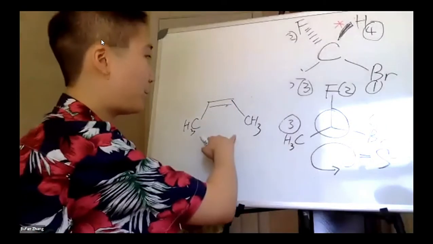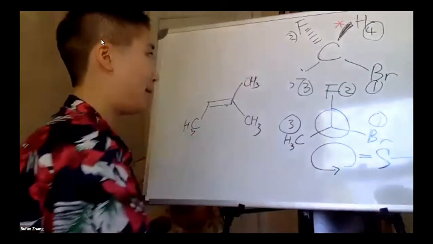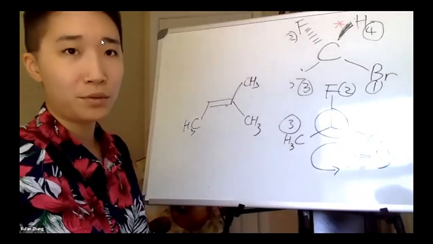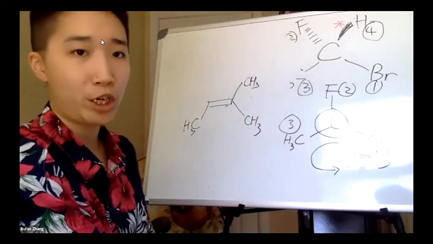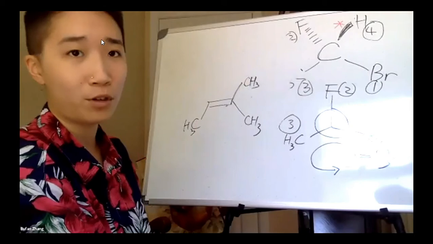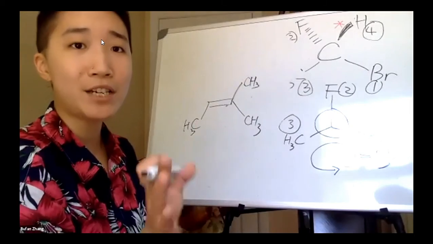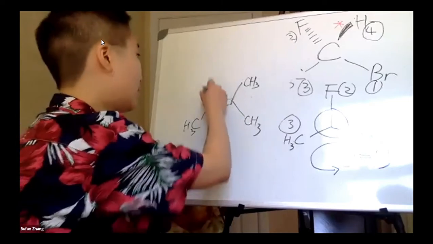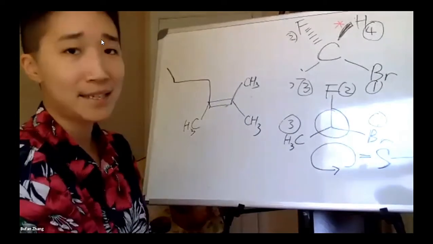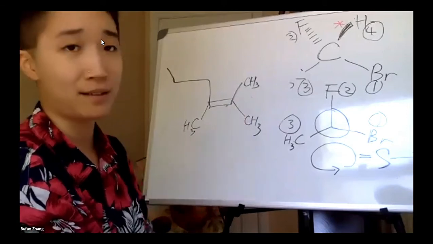We have two of the groups that are the same, and if we had another methyl on top, we ran into the situation where Julia just brought up. We have the same thing, therefore there's no cis or trans. So imagine I put something else on here. Is it cis or trans? I can't tell, because you have three of the groups that are the same.